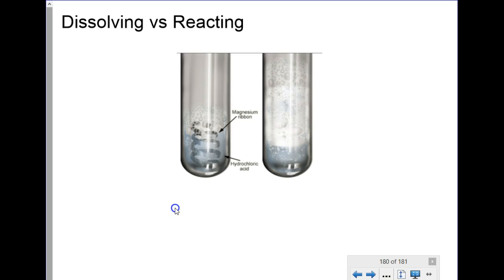So, if we were to dissolve salt into water, the salt does disappear, but is it still there? It's definitely still there. When the magnesium reacts, is it still magnesium? No. So when something reacts, it is transformed into something new. In this case, the magnesium reacted with HCl and it formed magnesium chloride and hydrogen gas.